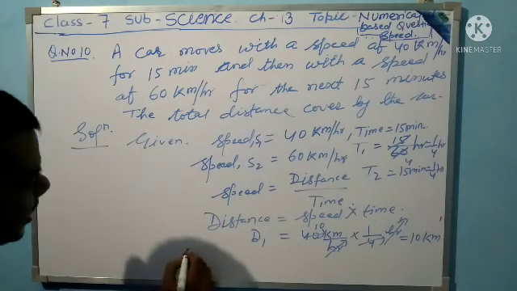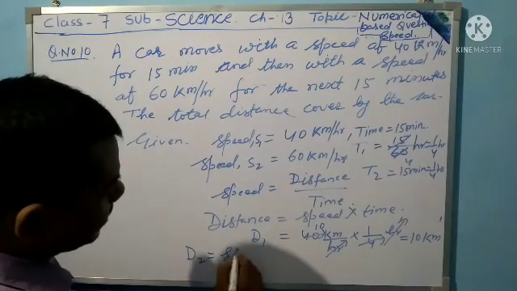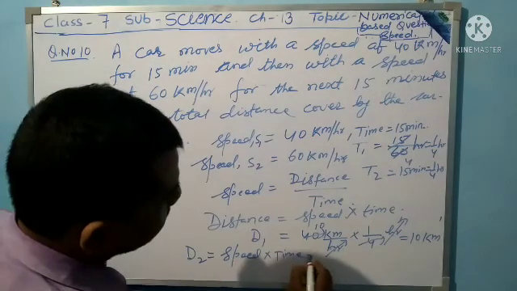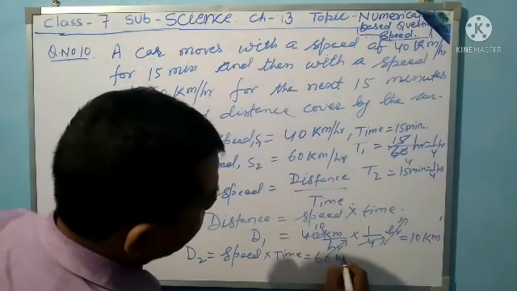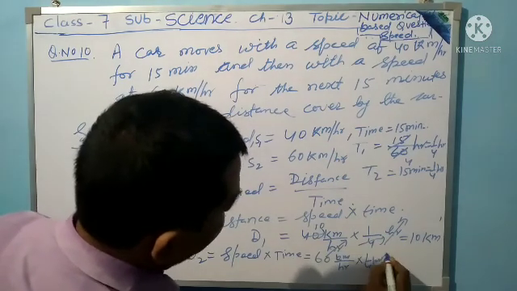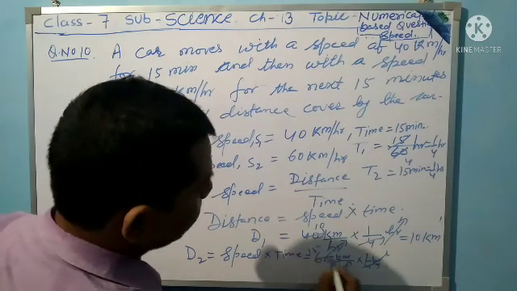Now distance d2 is equal to speed into time. So that is 60 kilometer per hour and 1 by 4 hour, and hour cancels out, 4 fifteens are 60.